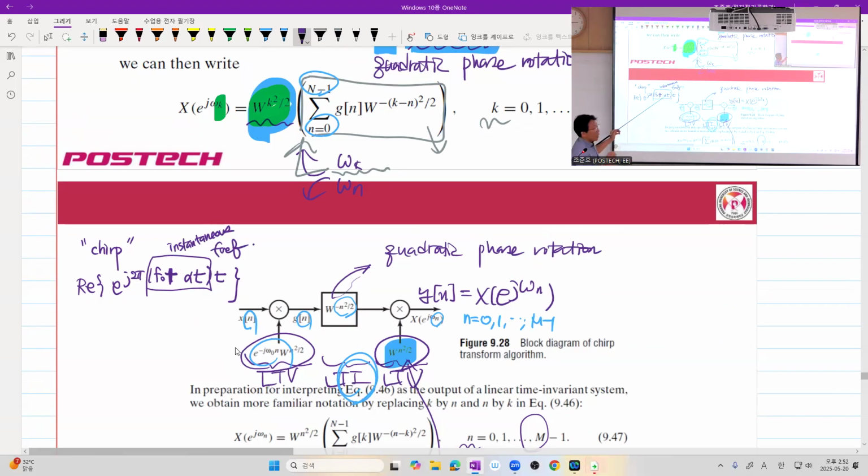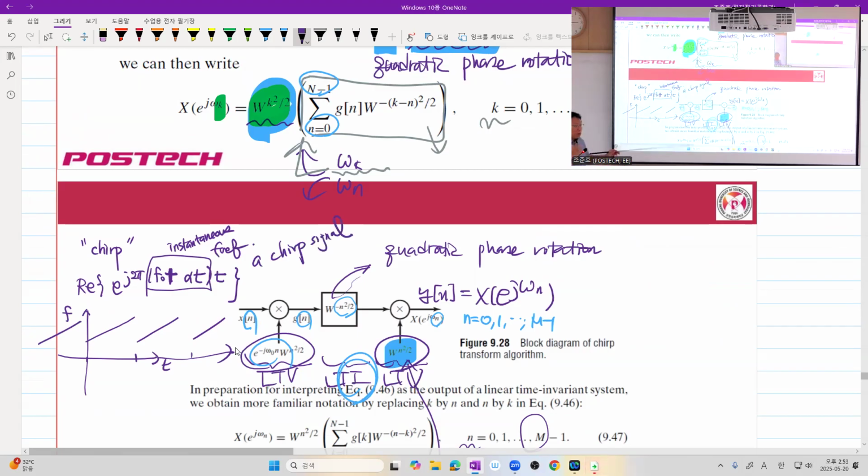So your instantaneous frequency increases linearly. And people have found that such a signal, especially if it repeats, sounds like chirp, chirp. That's why the signal is called a chirp signal. So this is a chirp signal.